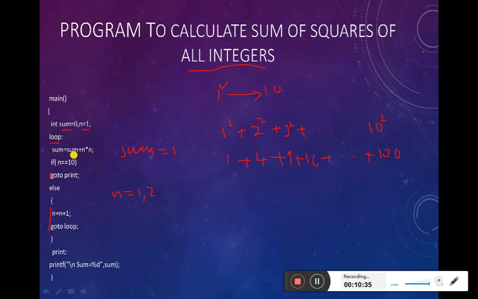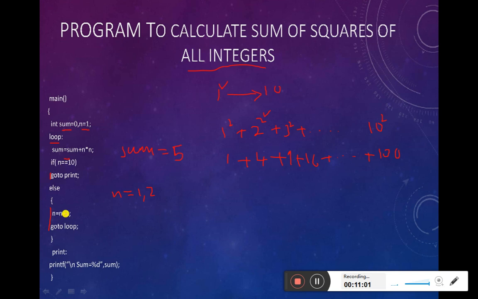The current sum is 1. So 1 plus 4, now the current value of sum becomes 5. So thus this term is added. Now n is 2, this is again false. And we don't execute goto print. As soon as n becomes equal to 10, we'll execute goto print, means we'll come to this statement.